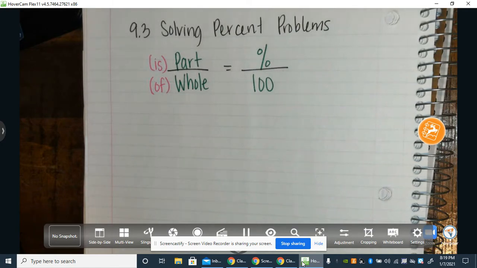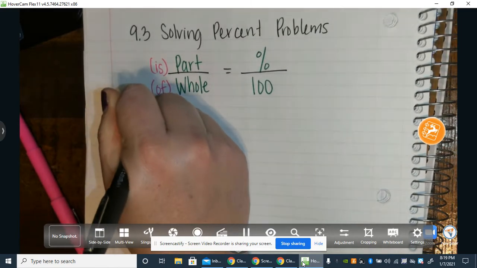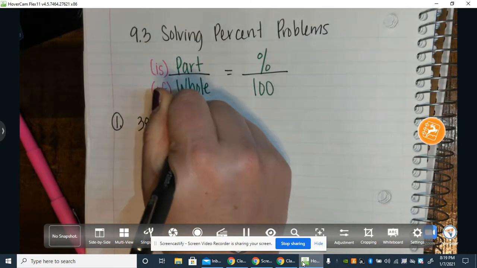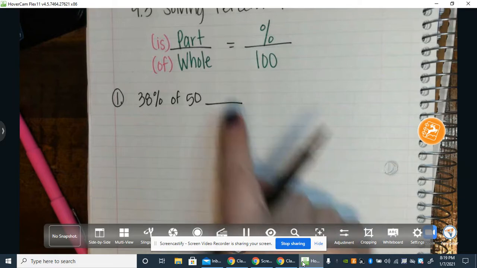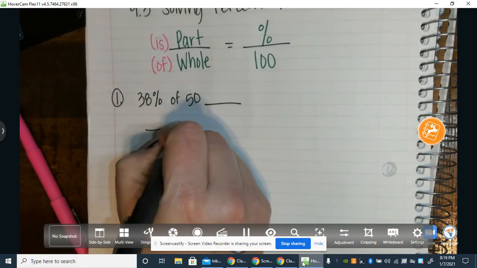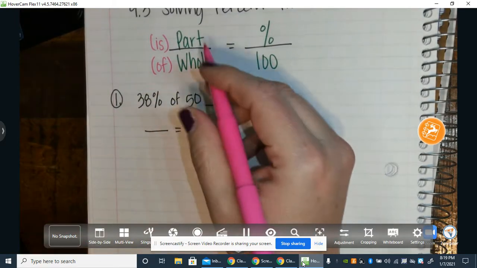All right, so we're going to do some examples here. The first example that we're going to do is 38% of 50 is what? Now we're going to set it up with our equivalent ratio or proportion. So automatically we know 100 goes here.